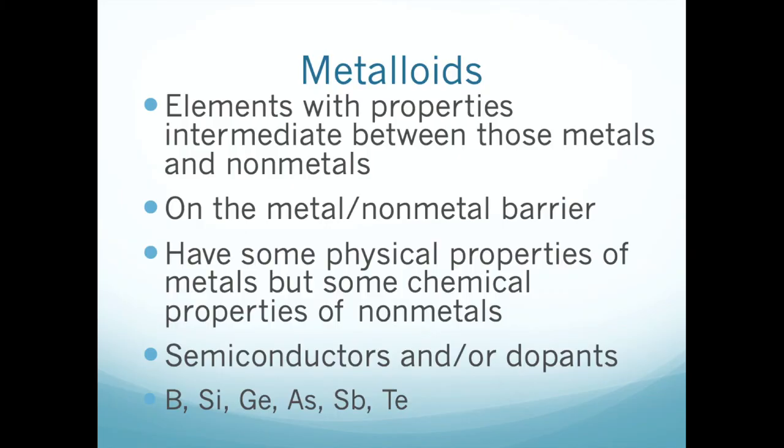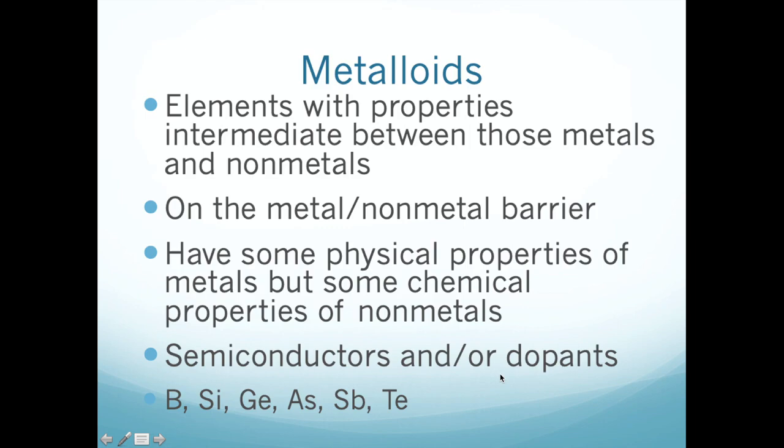This yields some very interesting applications, most notably in computer chips. I think the biggest use of silicon is for making computer chips, and semiconductor boards in general. Usually you can use small amounts of the other metalloids as what we call dopants.